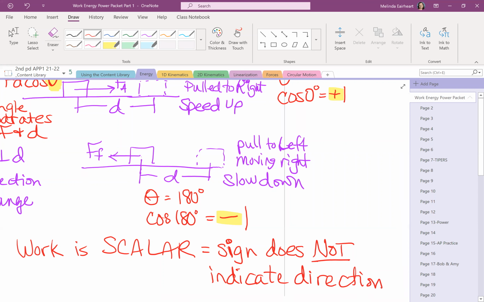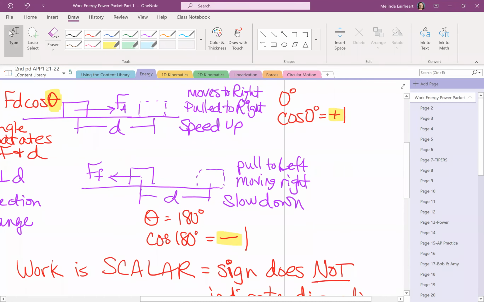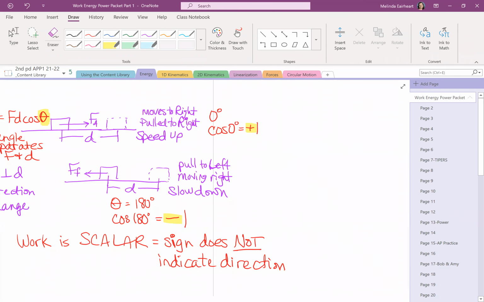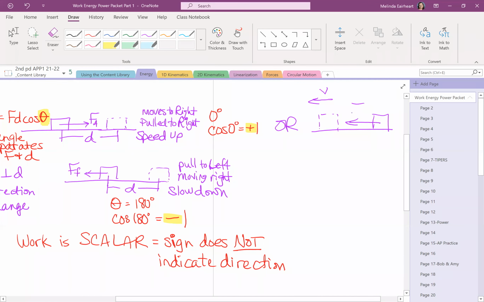Now I know that aligns with what I've drawn, but go back to the first example. Could we have pulled it to the left and it moved to the left? So my dash box, it's going to move to the left. Maybe we pull it to the left. And so here would be left and left.